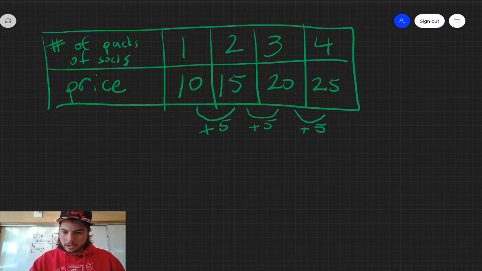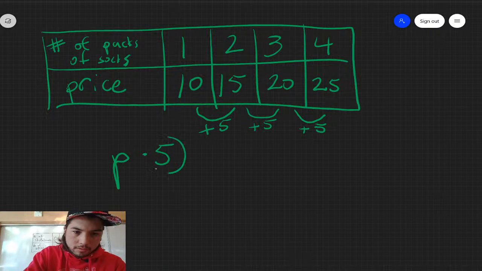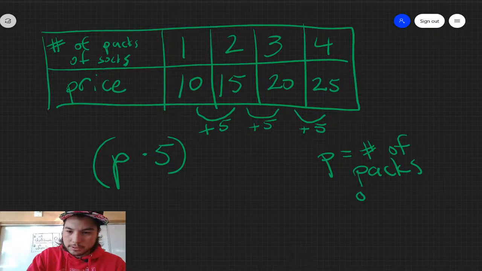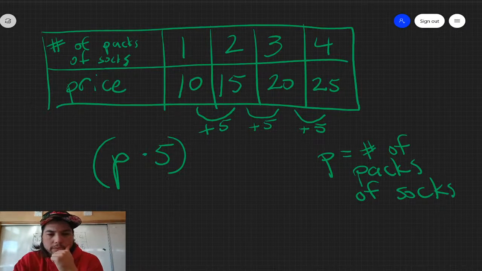So we see an idea here of P as our pack of socks times 5, where P equals number of packs of socks. Now let's try that and see if that works.